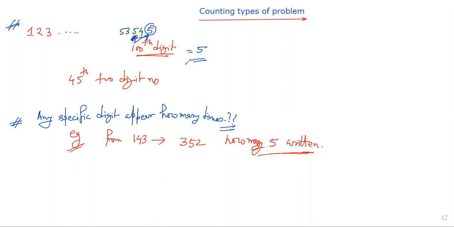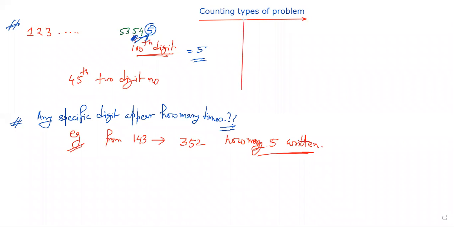If any student is writing all of the numbers from 143 till 352, then how many times has 5 been written? It is a type of counting, and we need to know the proper process to find this particular counting.